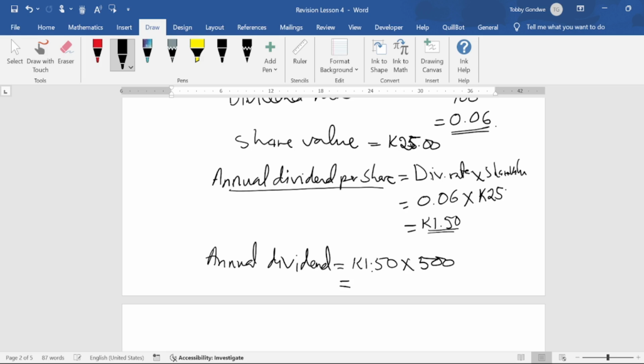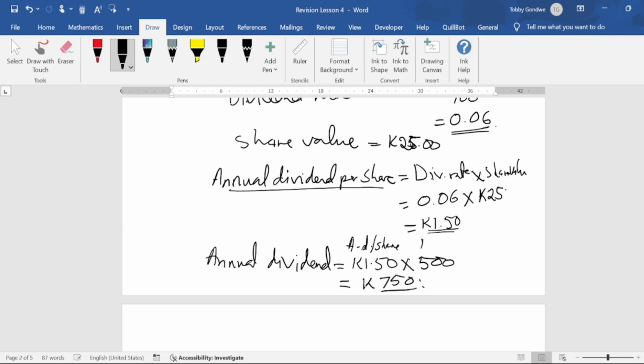And so when we multiply these two, we find that the amount of money that she gets is 750 kwacha for the 500 shares that she has in this company. Remember, we are saying this here is the annual dividend per share.